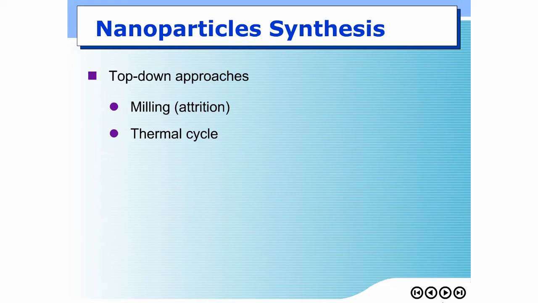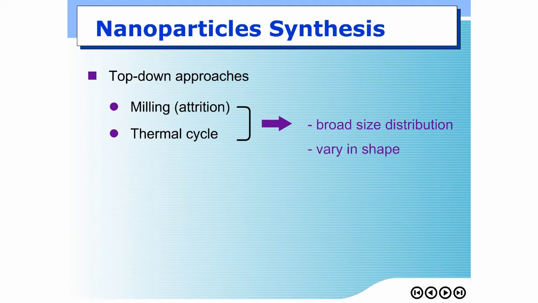This kind of thing is called thermocycle. However, both techniques usually give us particles with very broad size distribution, which is not what we want. And sometimes the shape cannot be controlled, so the technique is not quite popular.